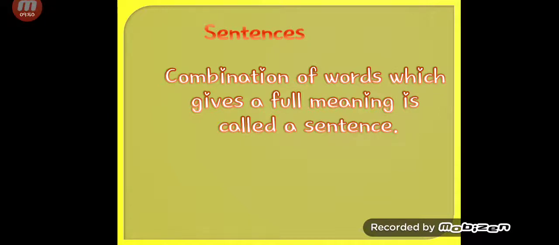Participle phrase. In this type of phrase we use the present participle or past participle of the verb. It uses either a comma or commas to punctuate the sentence.